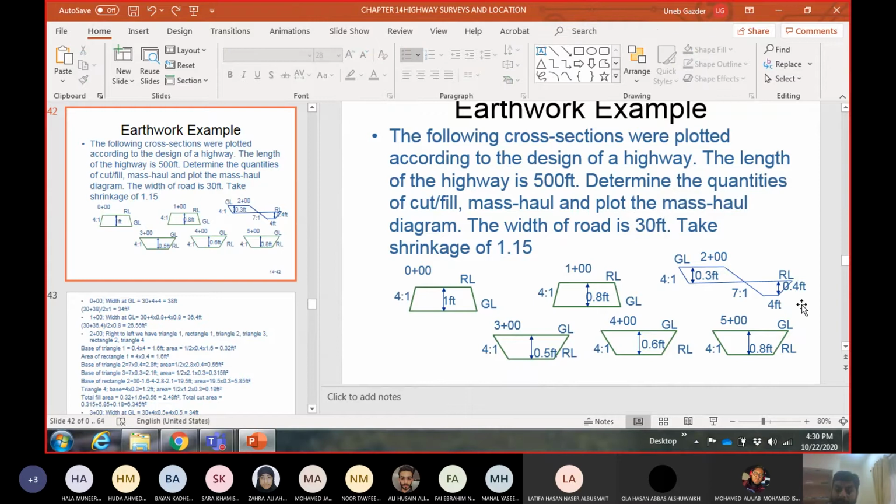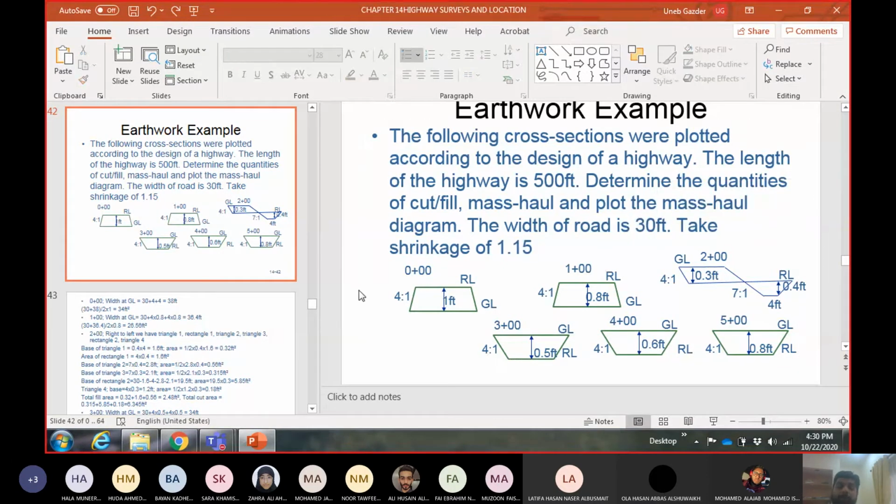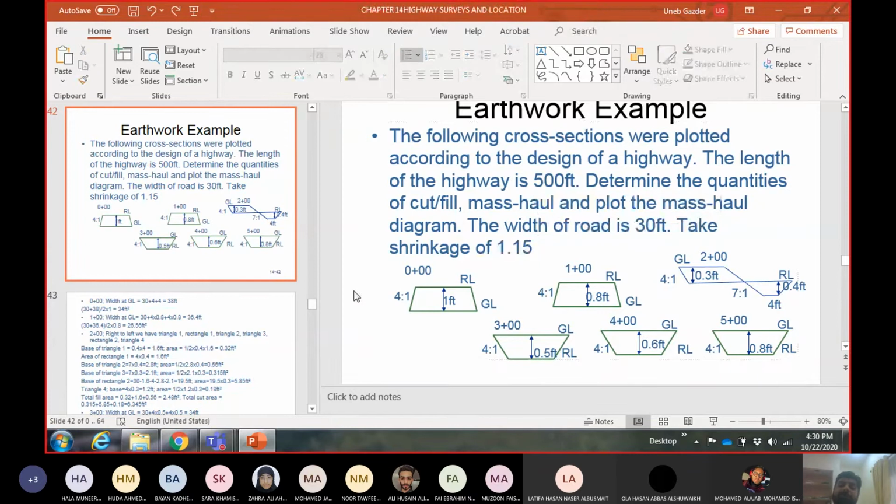So for all the cross sections, the width at road level is 30 feet. The shrinkage factor is given as 1.15, meaning what? How much percentage of material am I expecting to shrink? 15% because of compaction. So I will bring 15% extra material for filling.